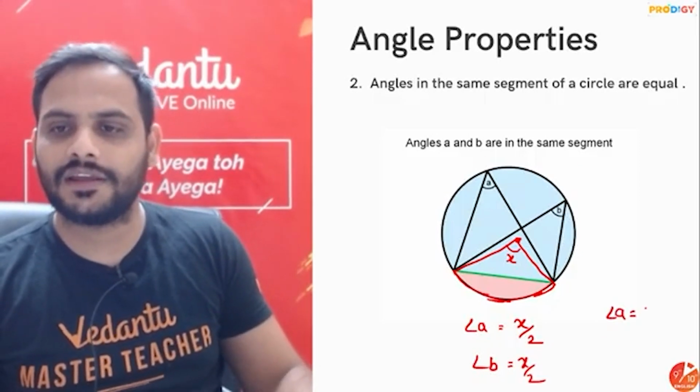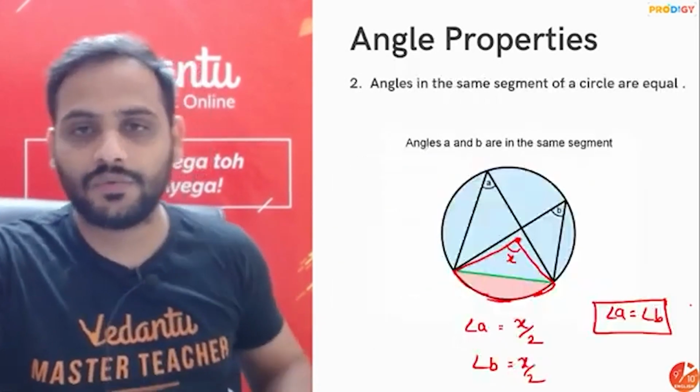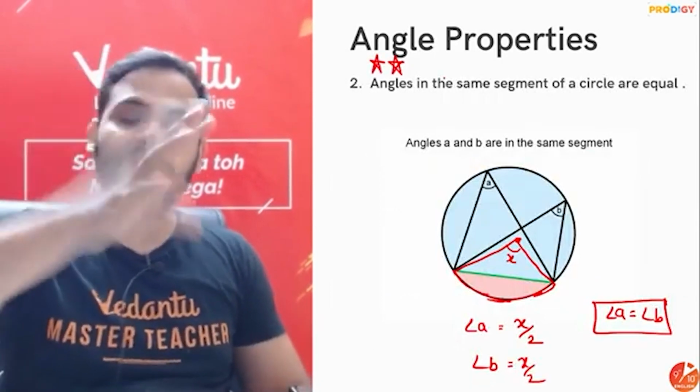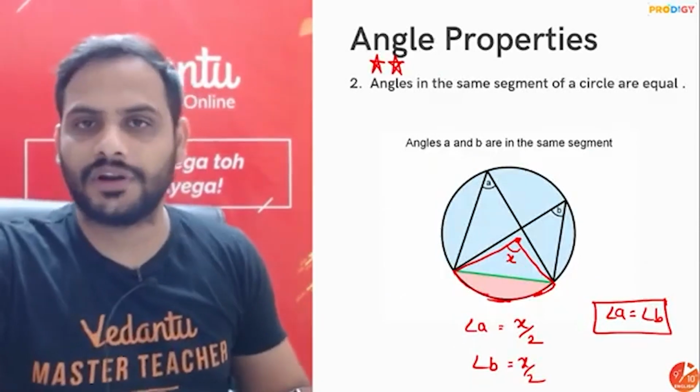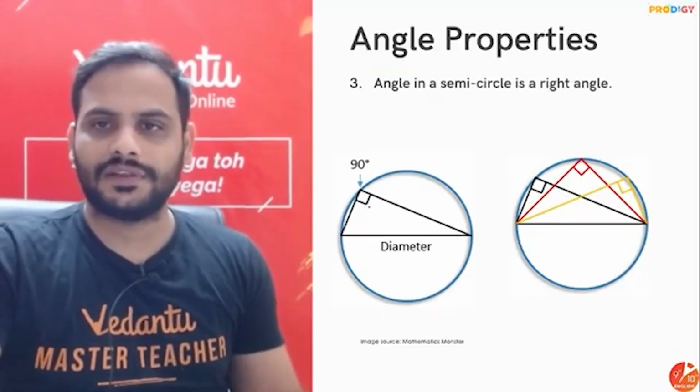So we get angle A equal to angle B. Simple. So angles in the same segment are equal. The first two properties which I have told are very important in numericals. An angle at the semicircle is 90 degrees.